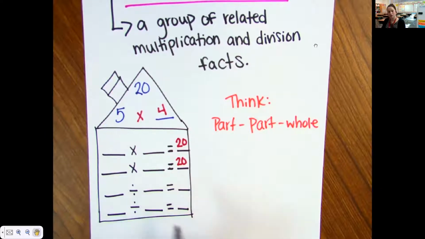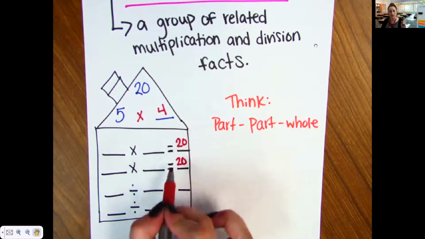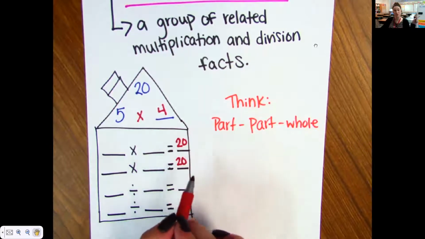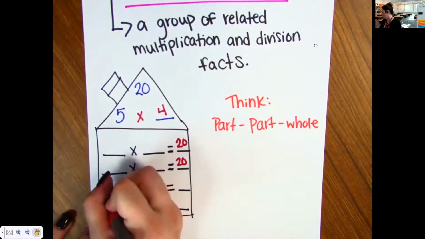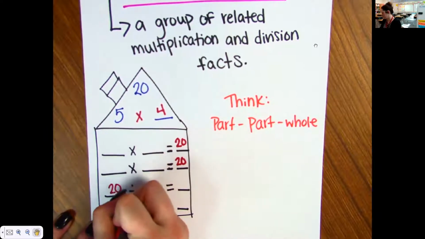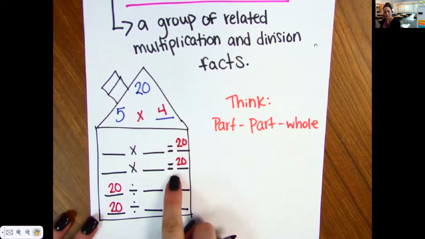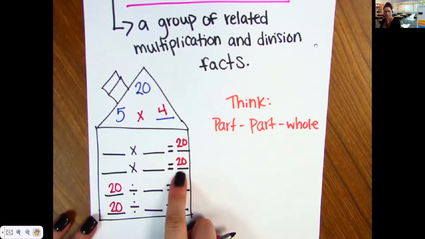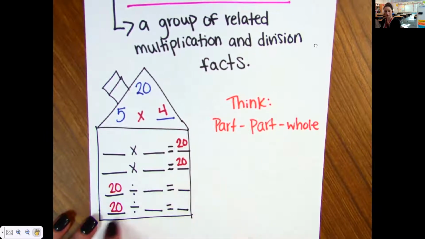For division, it's opposite, right? So for multiplication, it goes at the end. For division, it goes at the beginning. So you see, in multiplication, the biggest number goes at the end. For division, the biggest number goes at the beginning.